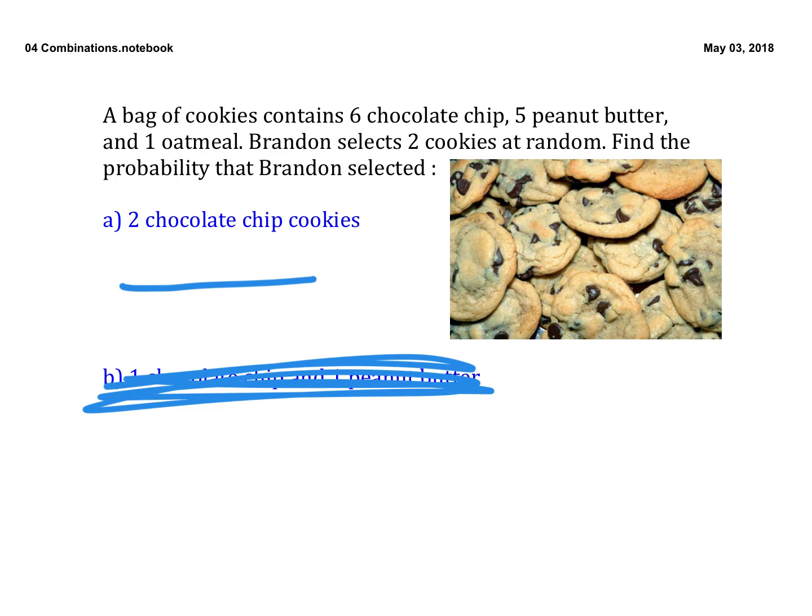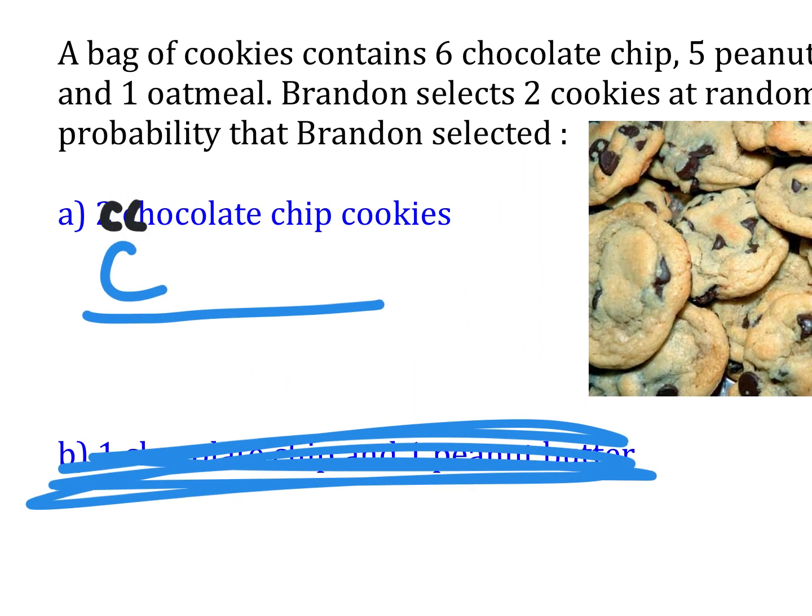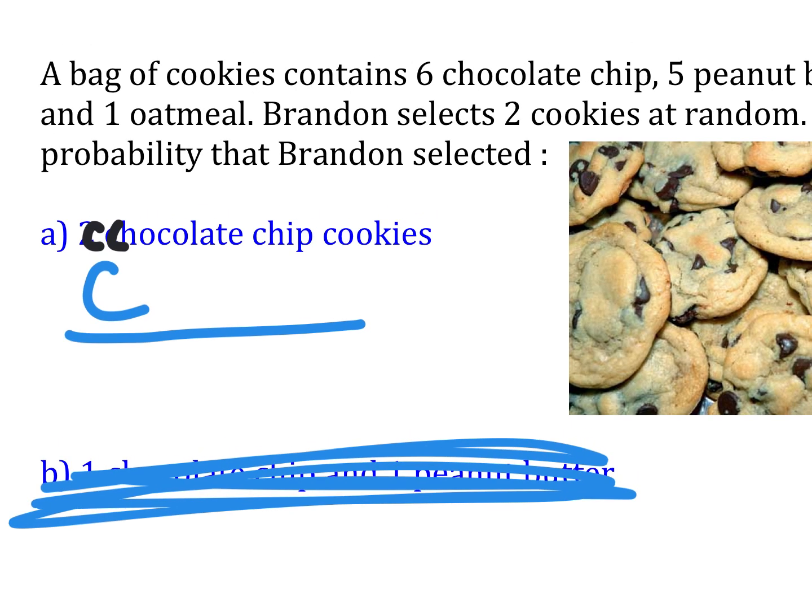Okay, so the chocolate chip cookies, they get their own C. So for chocolate chip, I'm going to call that the CC. C. Whew, this gets so confusing. All right, and for chocolate chips, I got 6 chocolate chips, so I got 6 of them. How many do I want to get?